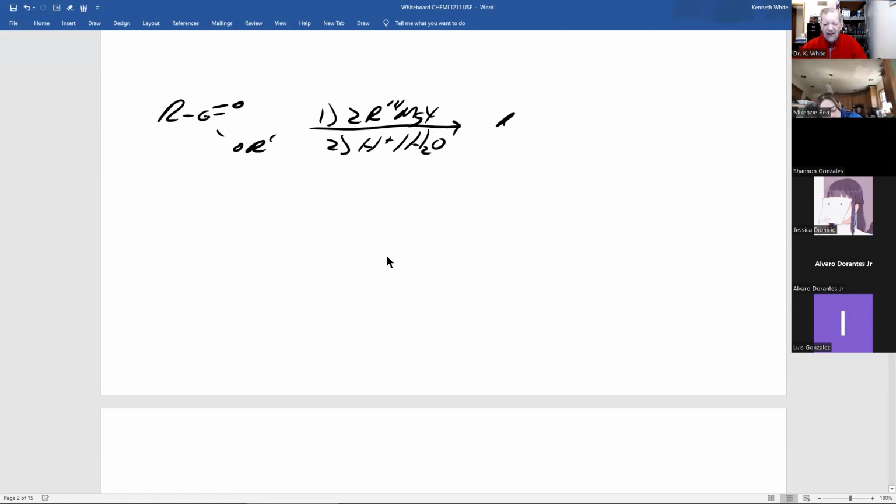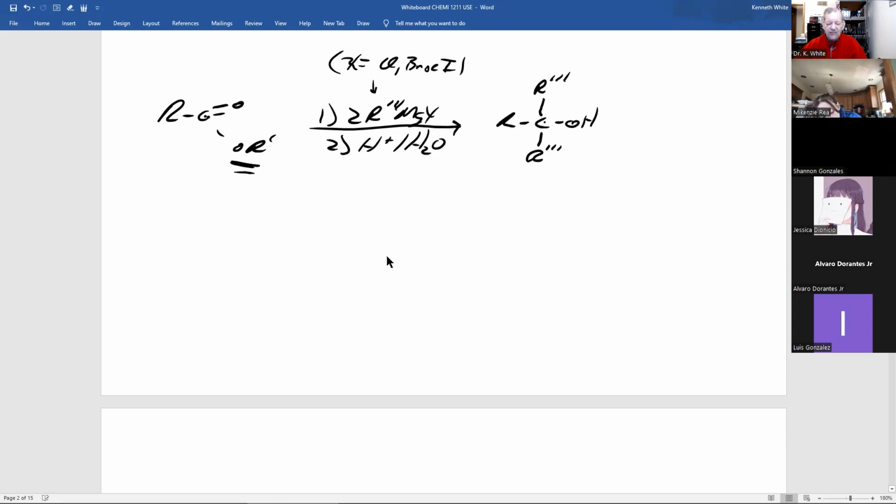What's directly attached to that is still attached, R. You have a hydroxyl group. And then from your Grignard, remember X can be chlorine, bromine, or iodine. You make not one, but two carbon-carbon single bonds.